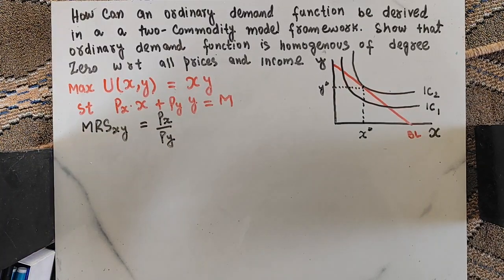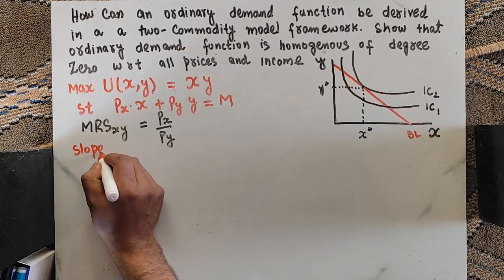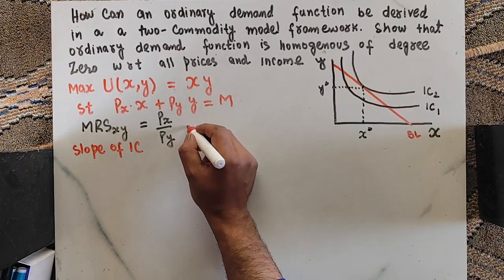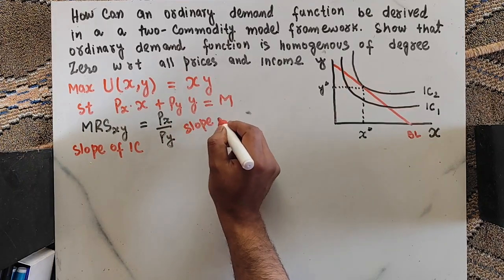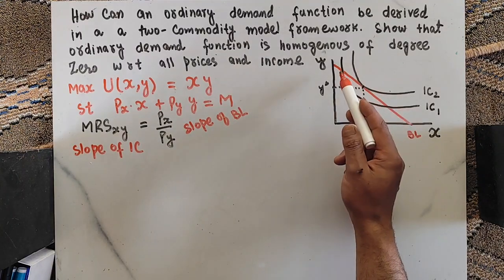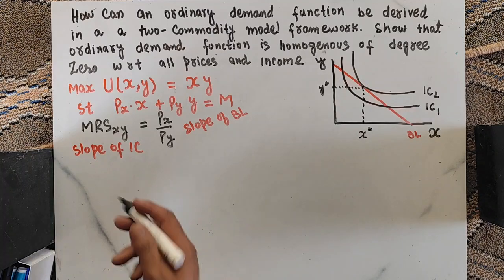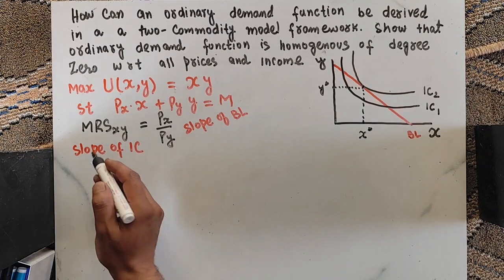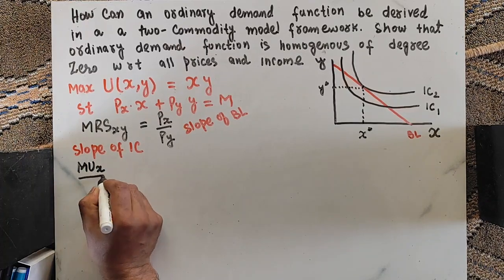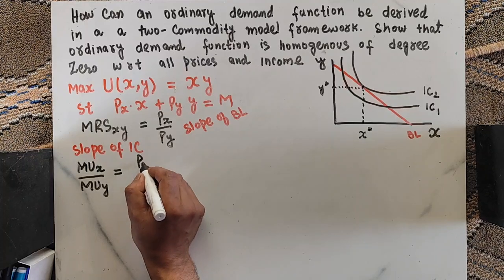Now this MRS denotes the slope of the indifference curve, and this px upon py denotes the slope of the budget line. At the point of tangency, the slope of the indifference curve and the slope of the budget line are equal. MRS, as we know, is simply the ratio of the marginal utility of good x and marginal utility of good y, and we equate it with the ratio of the prices.